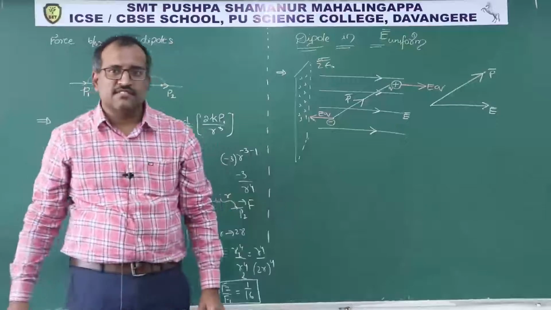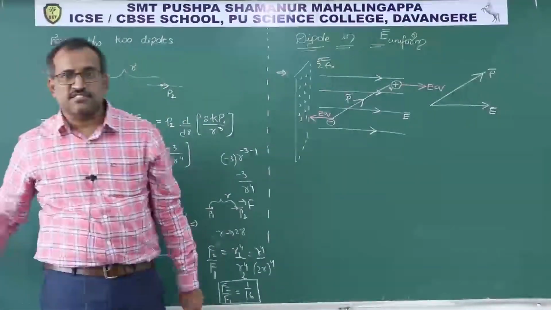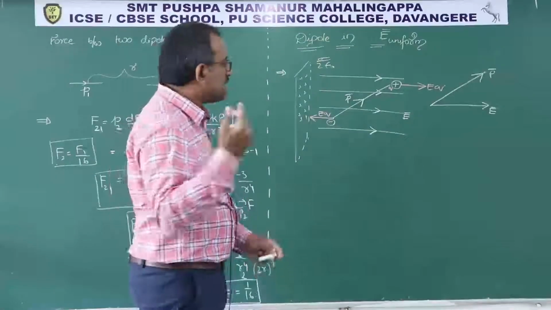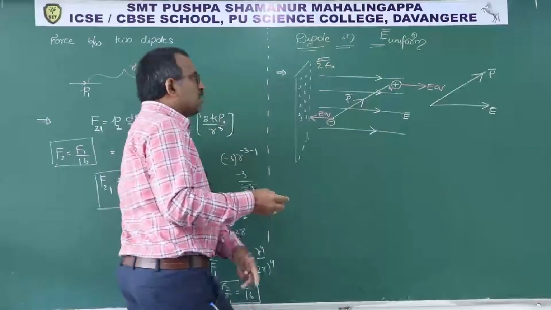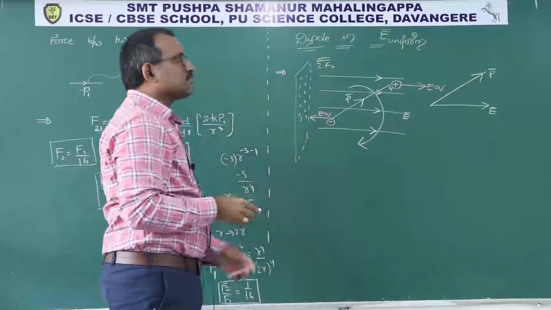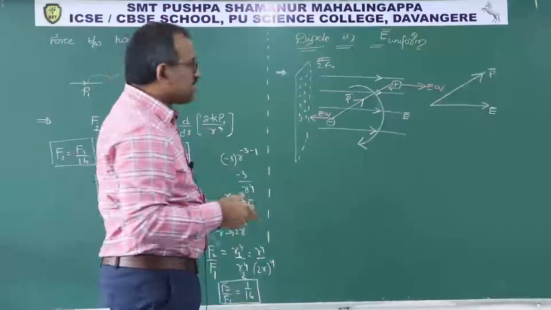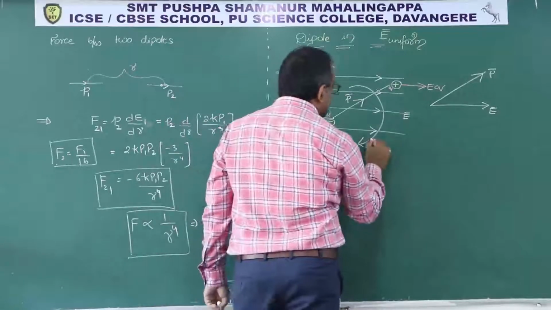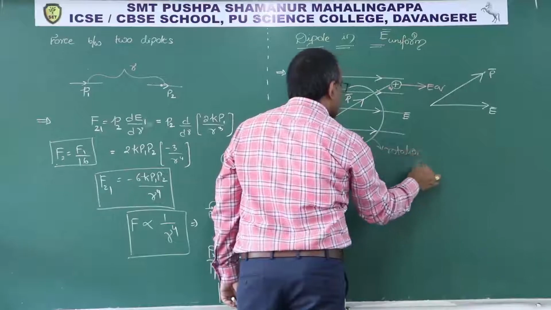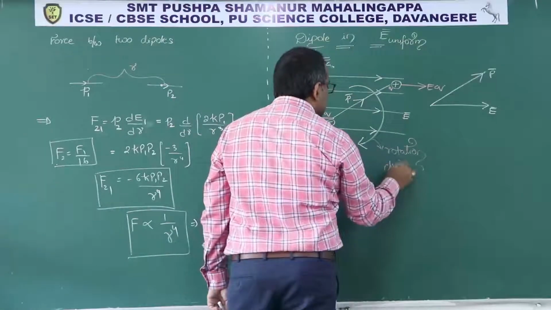Now the question, in what direction? Clock or anti-clock? Yes, of course, it will be rotating in clockwise. It is crystal clear, rotational effect is taking place. Rotation. In what direction?